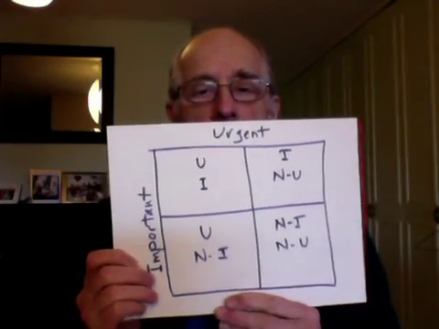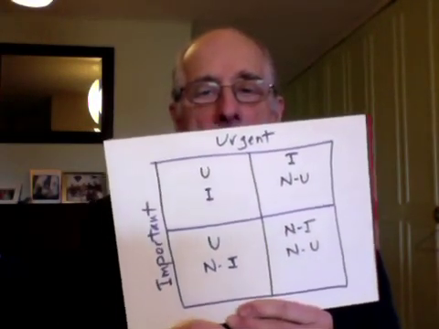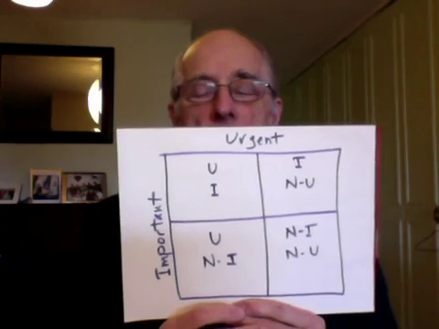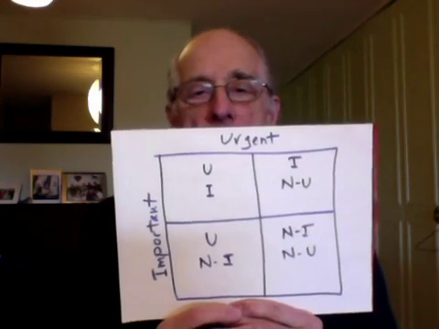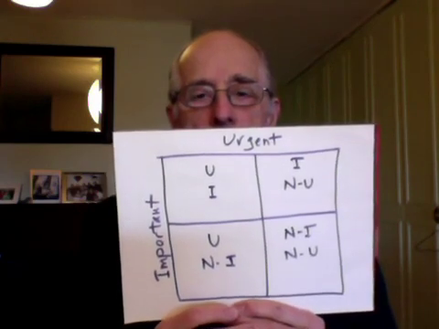There are four, it's just a box with 4 quadrants. And you use this to categorize the different things you have on your to-do list. So the first thing you do is make a list of the things that you want to get done in a day.